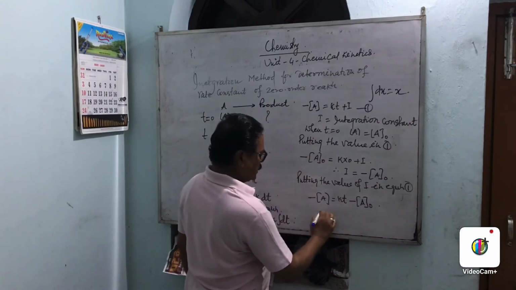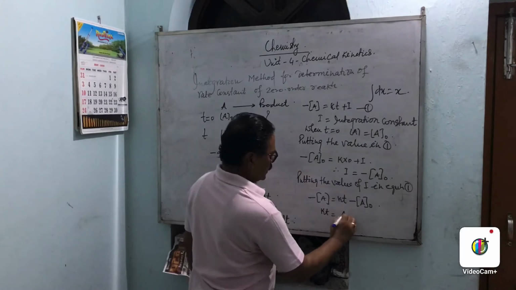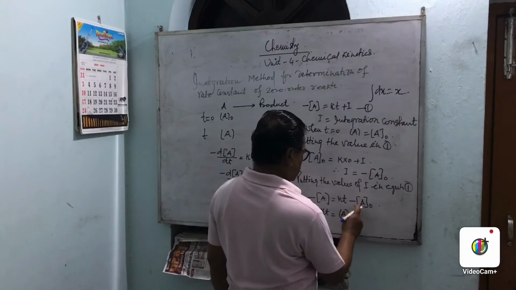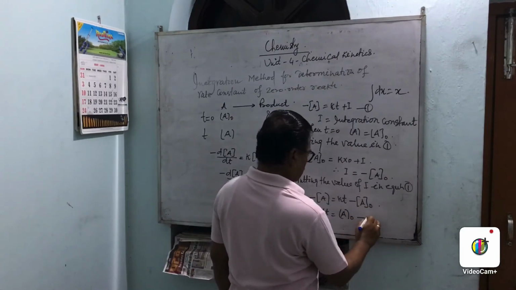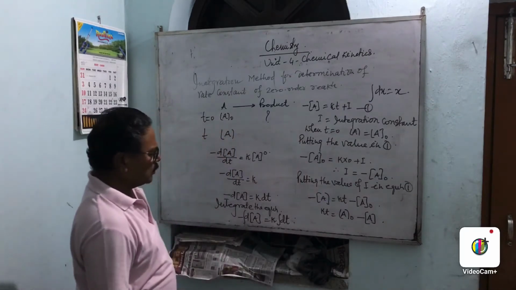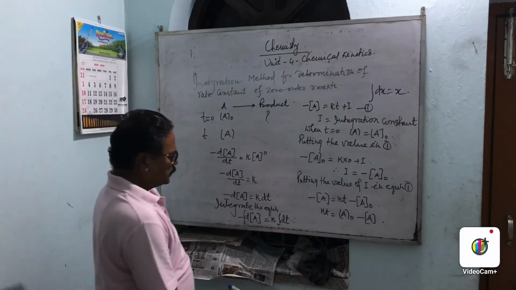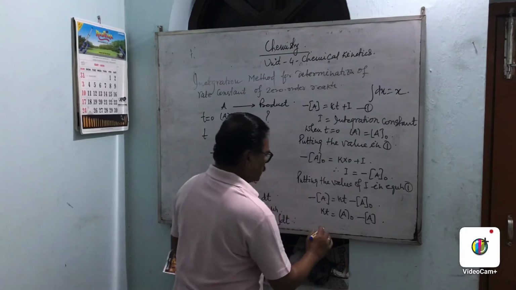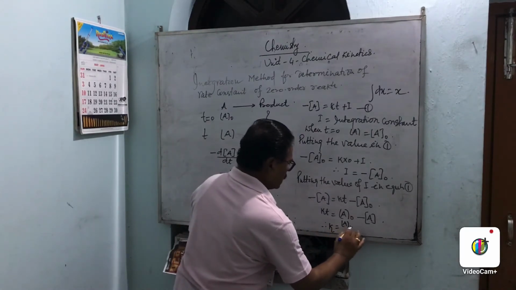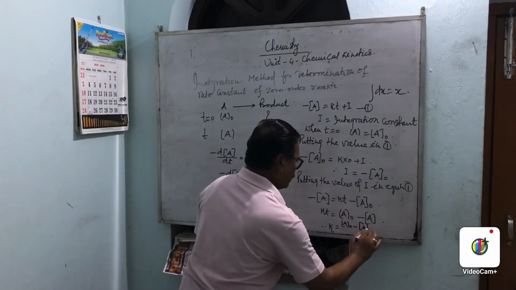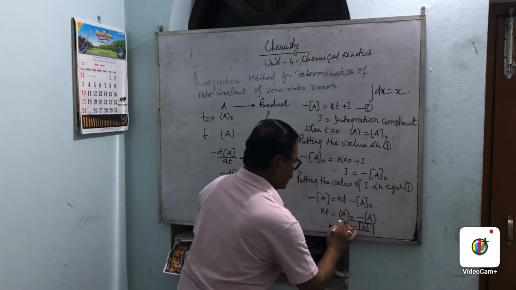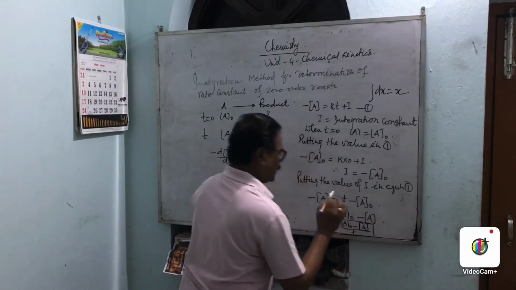So KT is equal to A naught minus A. Therefore, K is equal to A naught minus A divided by T. This is the rate constant for the zero order reaction.